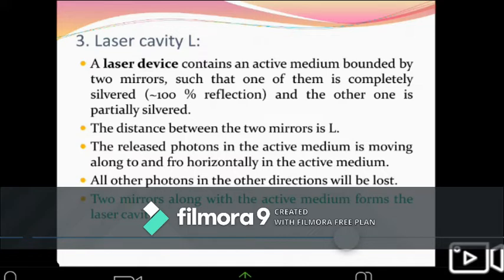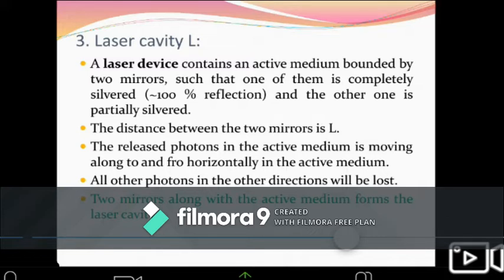A passing photon induces a transition, creating two photons. From these two transitions, four photons are released. These four stimulated emissions create four more transitions, releasing eight, and so on. They keep moving along the horizontal length of the active medium, and that's how it builds up.